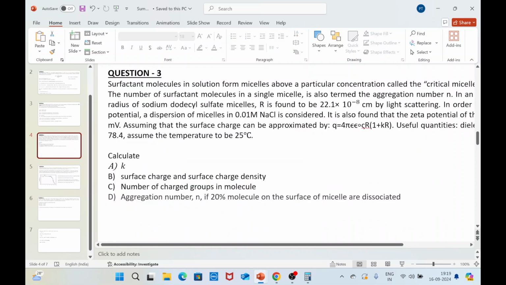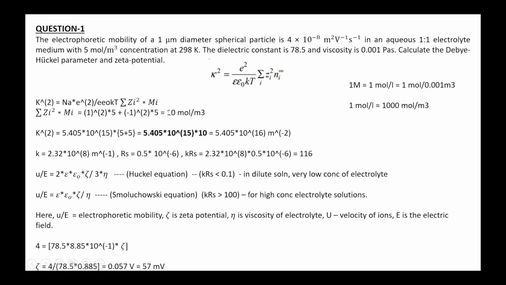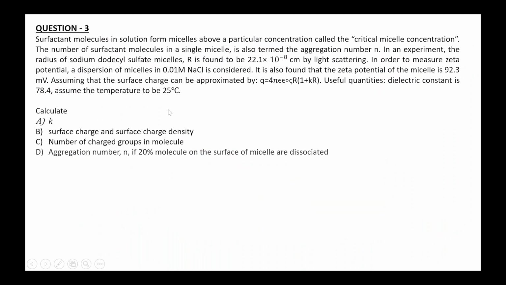So let's move on to question number 3. This is the same as your week 6 assignment problem. Since this question is slightly different from what we have seen in all the live interaction sessions, I would like to discuss this once again.